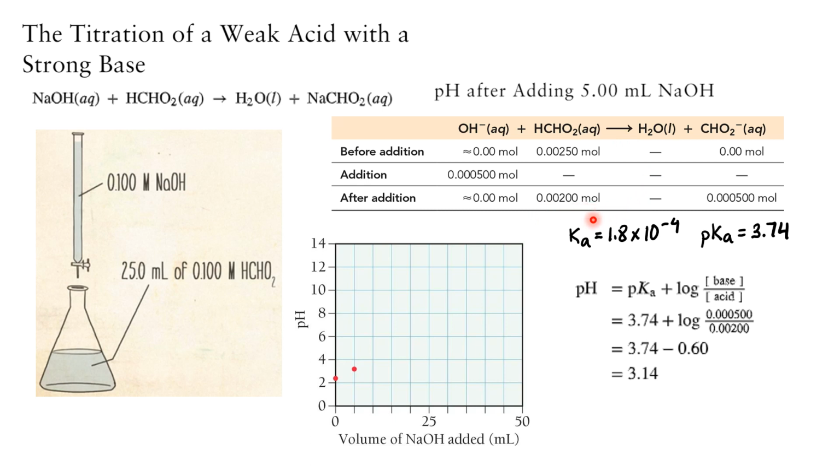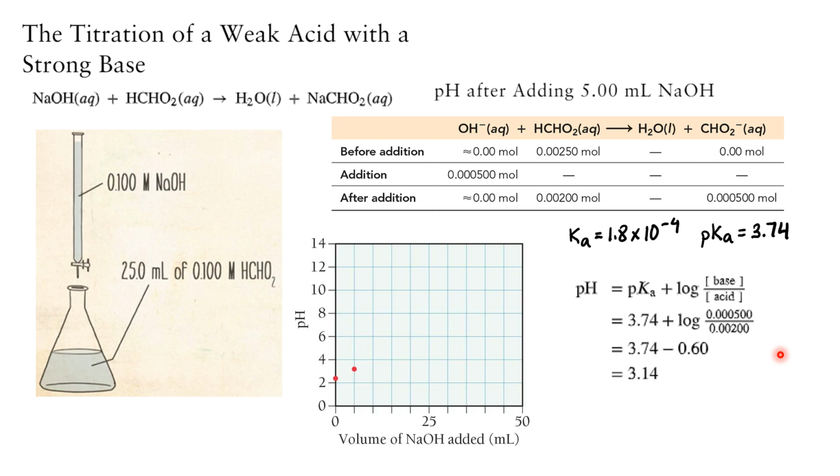But we don't have to do that, because if you plug this into the Henderson-Hasselbalch equation, we showed that the 30 milliliter part cancels anyway. So you can forget about that. You can just plug the moles into the Henderson-Hasselbalch equation and you'll get the same answer. I can guarantee it. You can try it both ways. You don't need to convert moles to molarity when you're using the Henderson-Hasselbalch equation.